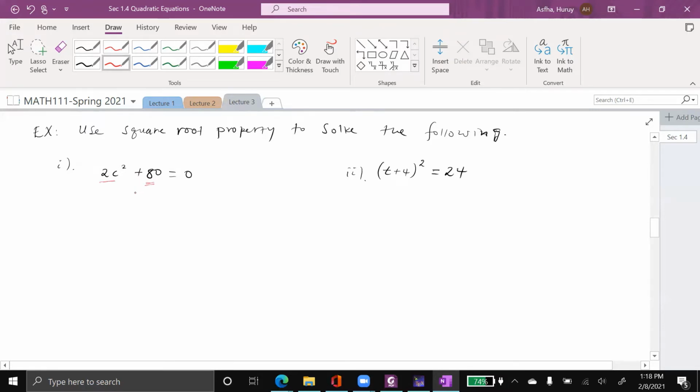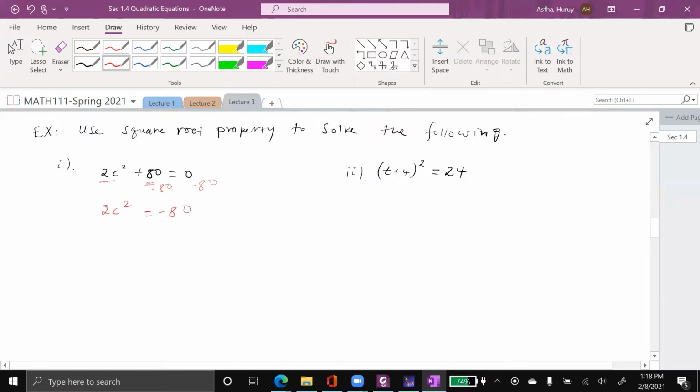So for this one, what we do is just isolate this on one side and take this one to the other side. So to take this one to the right side, we just subtract 80 on both sides. So these guys cancel out. Positive 80 minus 80 becomes 0, and on the right side, we have negative 80.